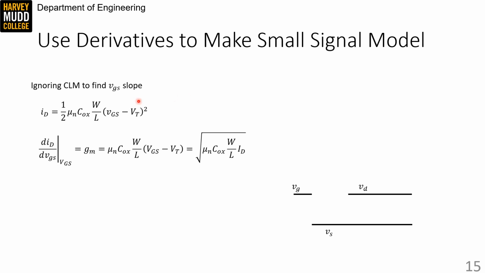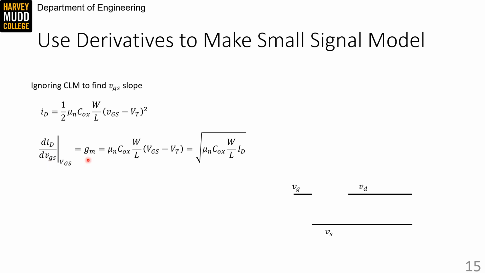So I've included our expression for current in saturation here as a reminder, and we take a derivative of it with respect to VGS and evaluate it at our bias point. We'll call this gm because this is how the drain current changes when we move the gate voltage, so it'll be a transconductance.